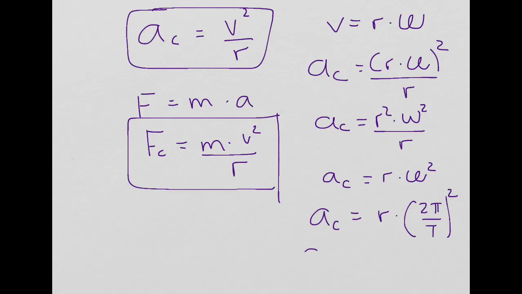So I can simplify that down to AC is equal to 4 pi squared r over t squared. Now if you want to write your force in terms of this, I just now plug in this long thing in for acceleration right here. And I can write force in terms of time.